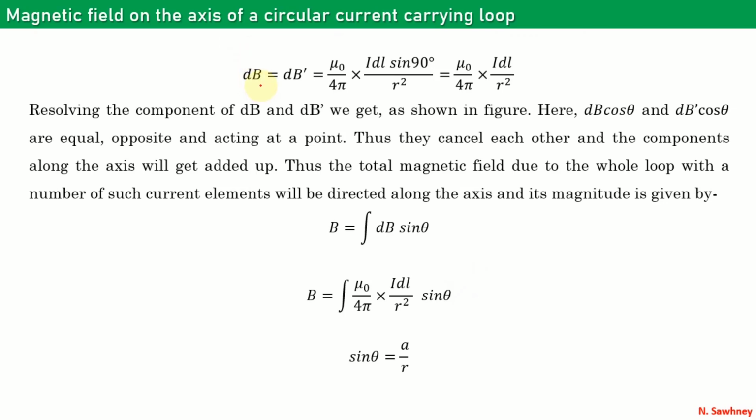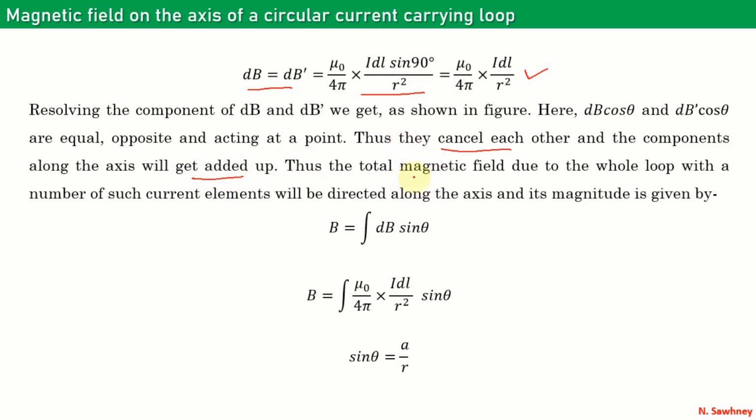The magnitude of dB and dB' will be equal to mu naught upon 4 pi, I dl sin 90 upon r square. That is equal to mu naught upon 4 pi, I dl upon r square. Resolving both the components, as I have just told you, the cos components will cancel, and the sine components are along the axis, so they will get added up.